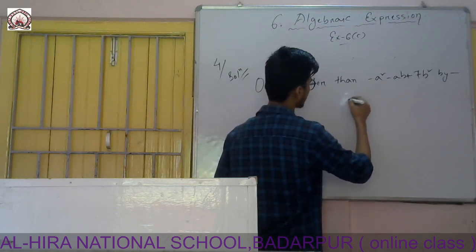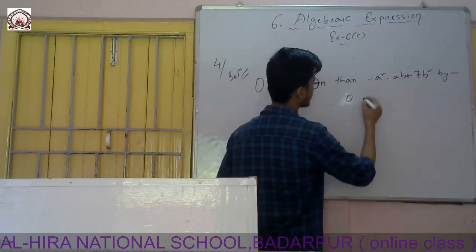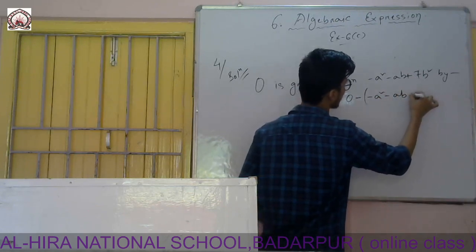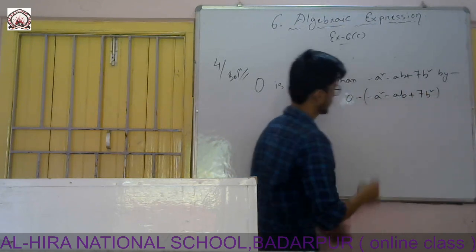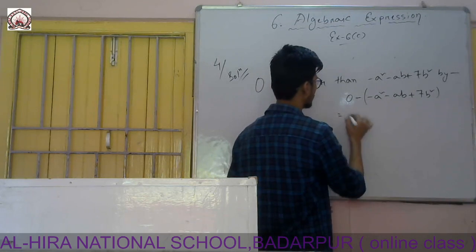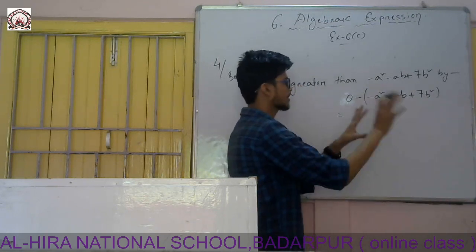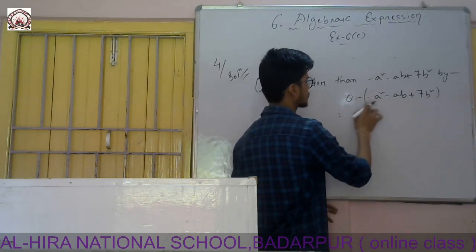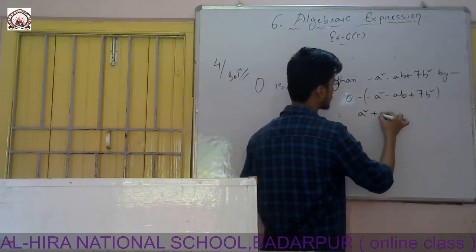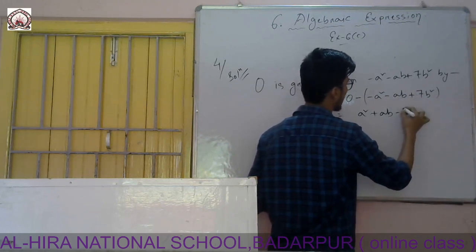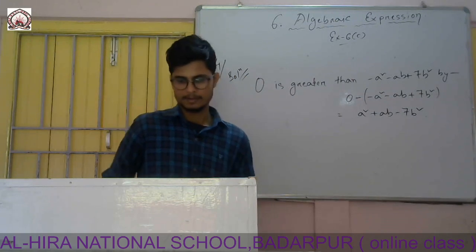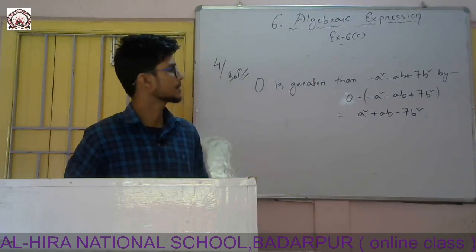You can write 0 minus, and you give one bracket, minus a square minus ab plus 7b square. So 0 minus anything will be the same number, only the sign will be changed. So minus minus it will be plus a square, minus minus it will be plus ab, minus plus it will be minus 7b square. So this is the answer, a square plus ab minus 7b square.